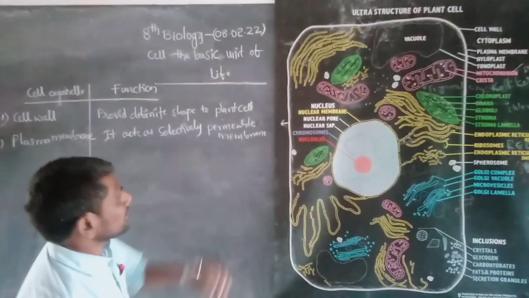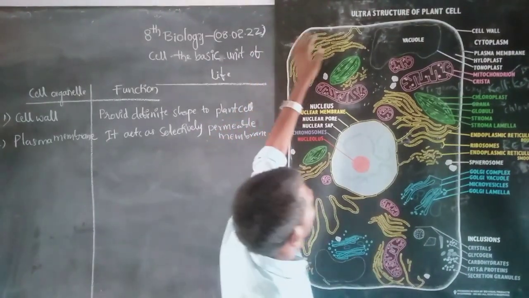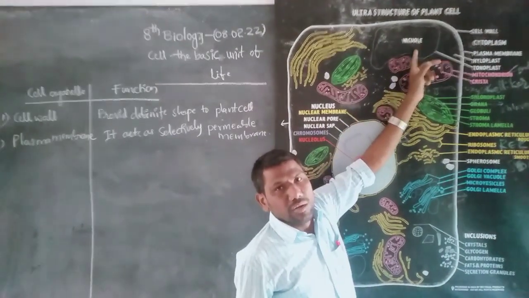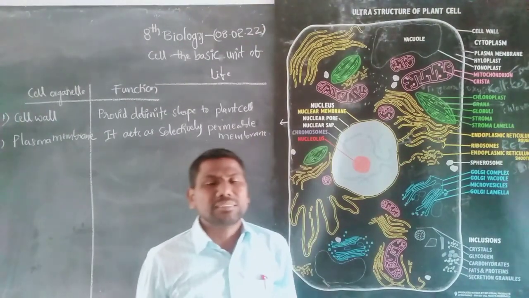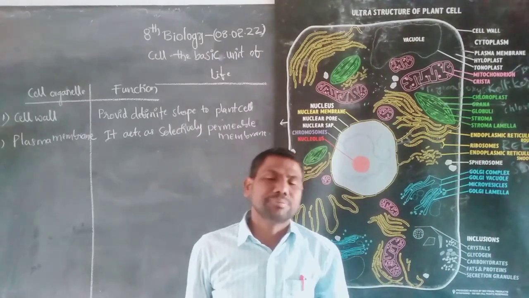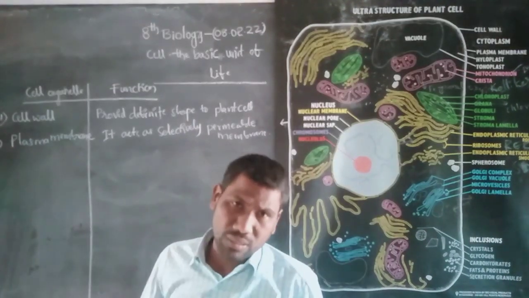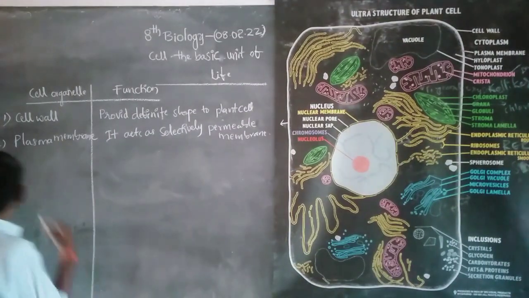Next, this is the vacuole. This vacuole is only present in a plant cell and absent in animal cell. What is the function of a vacuole in a plant cell?